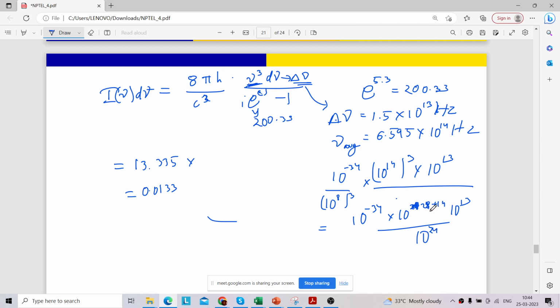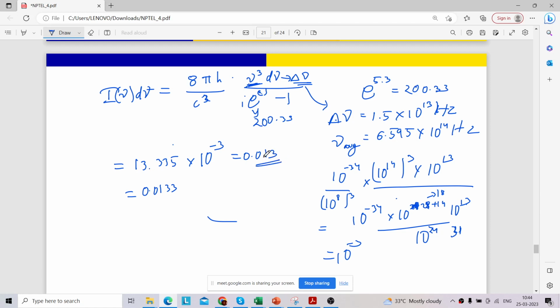And this is 15.13, 20.31. Yeah, okay, 10 to the minus 3 here. So this is 10 to the minus 3, so 0.013. Yeah, right.